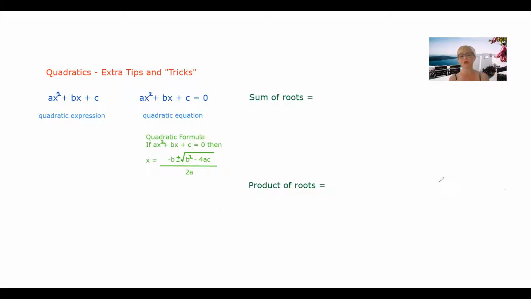I wanted to take the time to do a little bit more work with you on quadratics, both quadratic expressions and how we factorise those, and quadratic equations, how we solve those. There is quite a bit of overlap, and I have spoken about this before when I've talked about the discriminant. The discriminant is that expression under the square root sign in your quadratic formula.